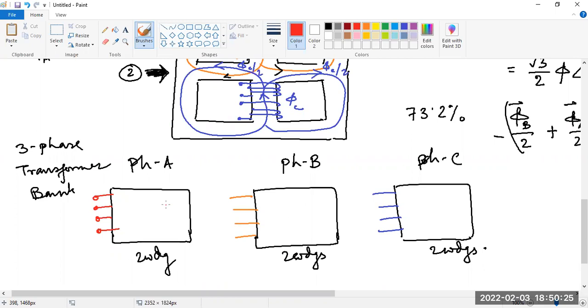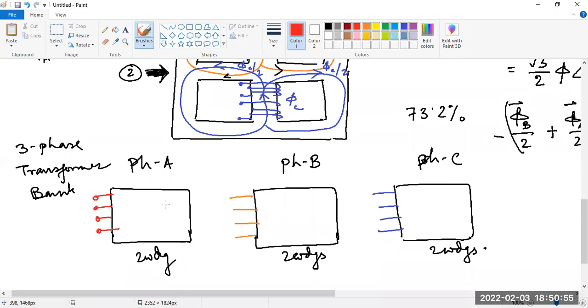So if I draw the magnetic circuits of the 3-phase transformer for this type of 3-phase transformer, which is called a 3-phase transformer bank, how can we call it? Is it independent or dependent? Sir, independent, because each core is separate. Fully independent. Correct. It is a fully independent magnetic circuit.